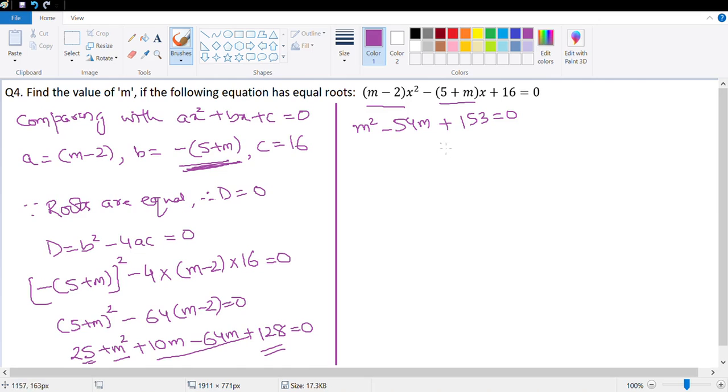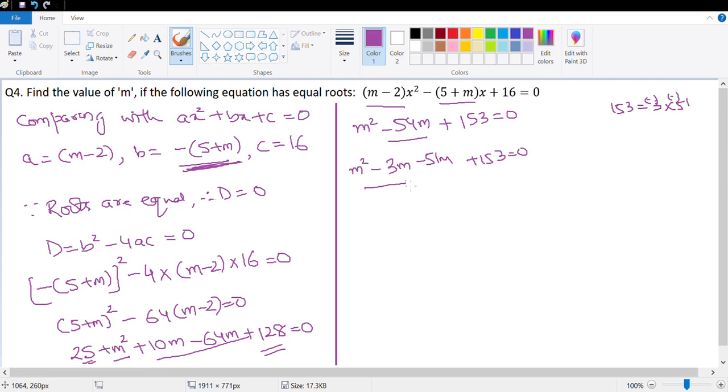Again, I'll have to split the middle term, the product of which should be 153. So 153 would be 3 into 51, qualifies this condition as well. So m square minus 3m minus 51m, 3 and 51 both negative because I need the sum to be negative, plus 153 is equal to 0.